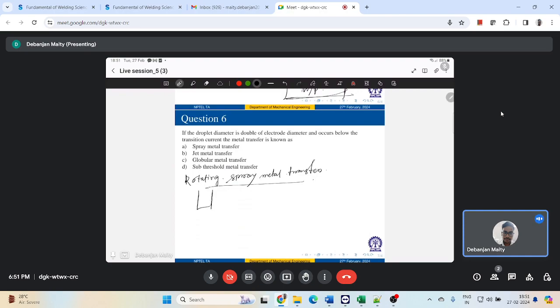So if your electrode is like this, and let's say my tapering is taking place like this, there will be some rotation of your column and it will end up with some very fine droplets at a high current level. So this is my workpiece. Here the droplets are extremely fine and are detached from the tip of that rotational arc, right?